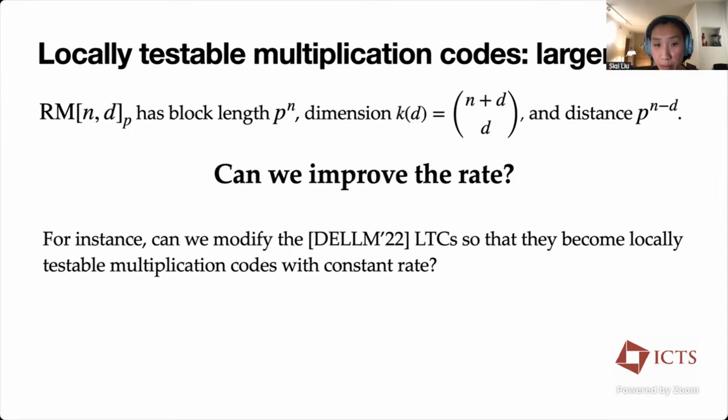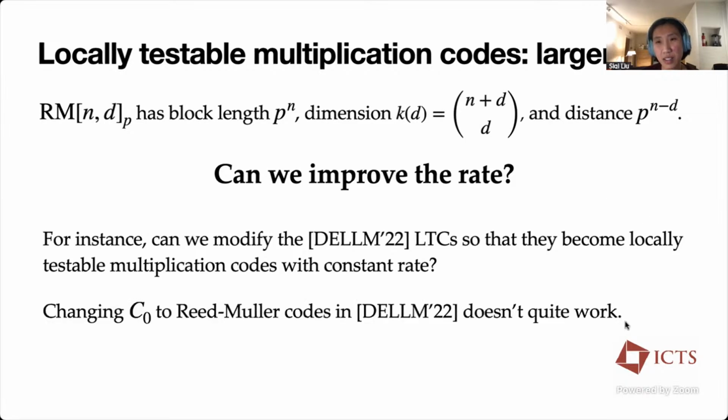However, the big problem there is that we no longer get constant rate, because to ensure that Reed-Muller codes are locally testable, we would need to make the rate not too high. But if we do that, we can no longer use the black box way mentioned before to prove lower bounds on the rate. So in that sense, it doesn't quite work.